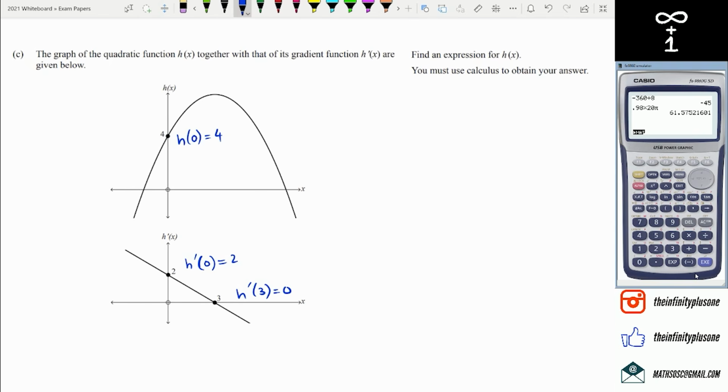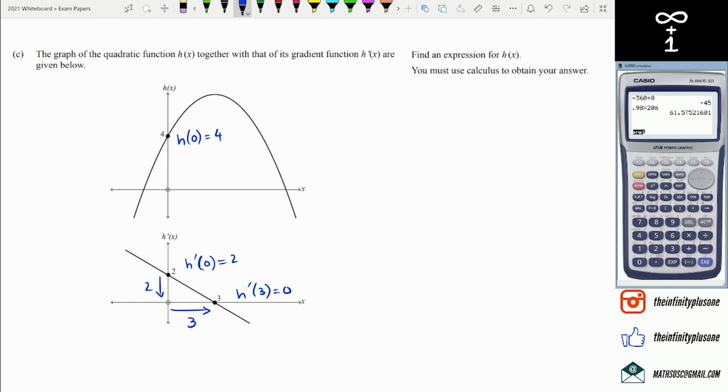So what I'm going to do is actually get the equation of this straight line. This is a pretty straightforward equation of a straight line, because we just need to figure out the gradient and the y-intercept, which is already given to us, which is 2. If you look at the gradient, it is going down by 2 and running across by 3.